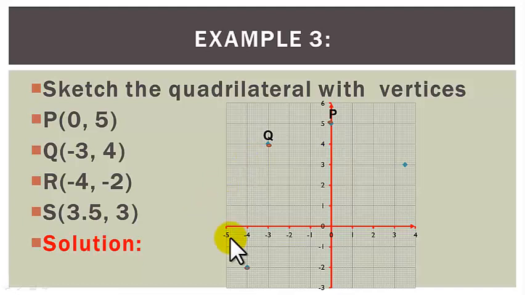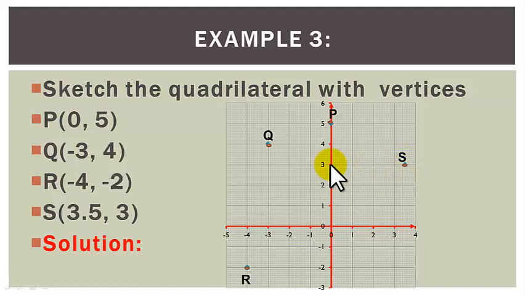R is located at this point. The coordinate of the point R is (-4, -2). And finally, this is the location of the point S. At the point S, the x-coordinate is 3.5 here, while the y-coordinate is 3.